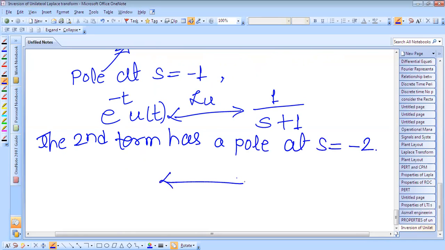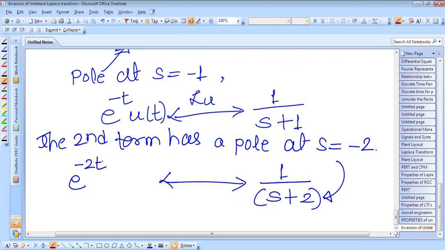Therefore, this is the second term, 1 over (s plus 2), and it has a pole at s is equal to minus 2. So here e raised to power minus 2t into u of t.